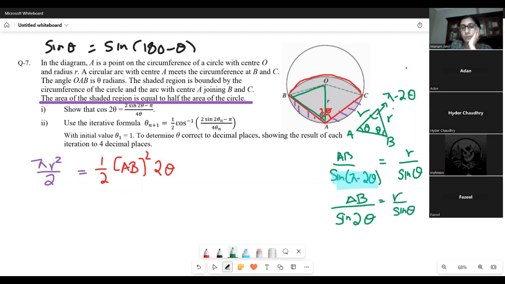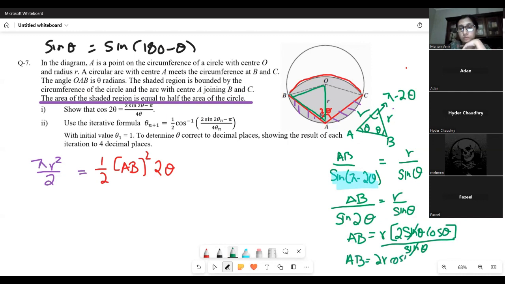So AB will be R times, I'm using the double angle identity, 2 sine theta cos theta, and in the denominator we have sine theta. So that means AB equals 2R cos theta.